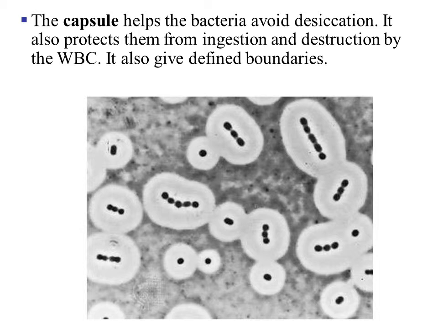When Griffith injected the mouse with the virulent strain, the white blood cells were not able to attack streptococcus because of the capsule. Whereas some of the mice were able to live because that bacteria did not have a capsule. So the white blood cells were able to immediately destroy that species of streptococcus.